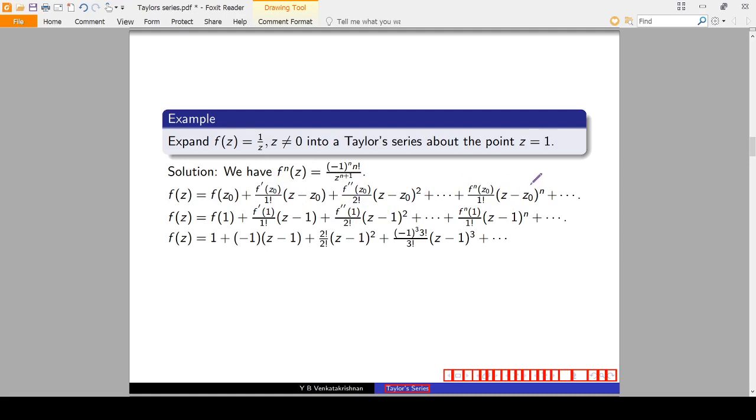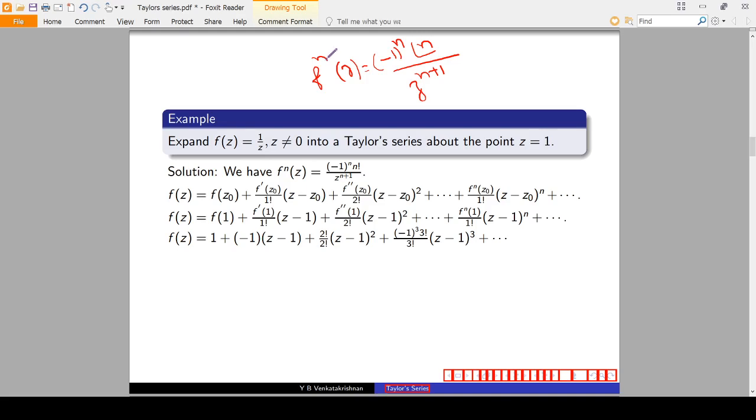So when I substitute the value of z is equal to 1 in f n of z, you can see here f n of z was minus 1 whole power n factorial n by z power n plus 1.